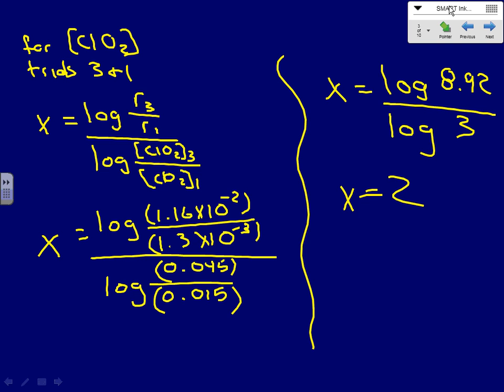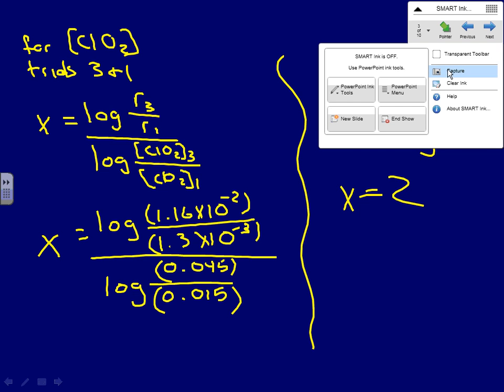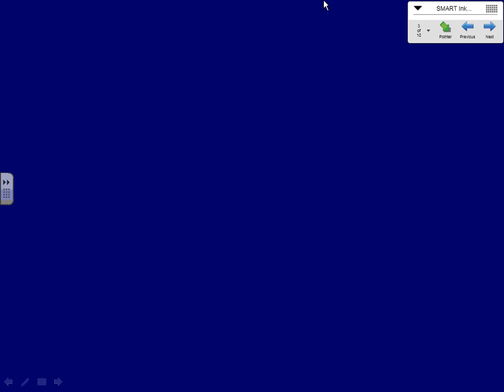Now we do the exact same thing except for the other value. And I'm going to clear the screen one more time as well. Do we all have the values for that? All those numbers? So I'm going to clear this, clear ink. So for OH minus, what trials am I going to use again? 1 and 2?